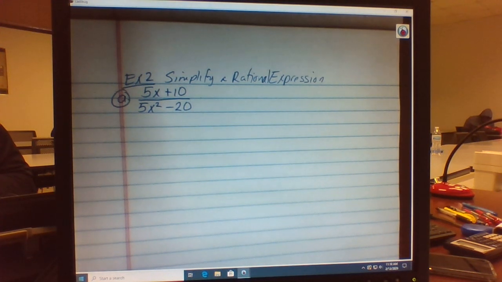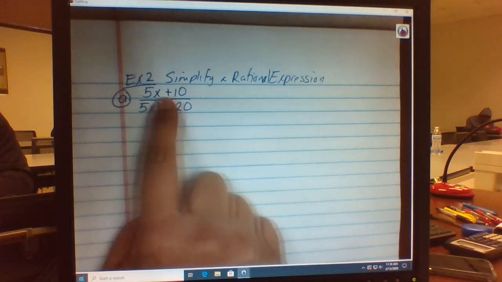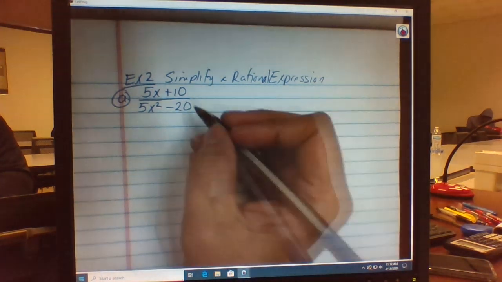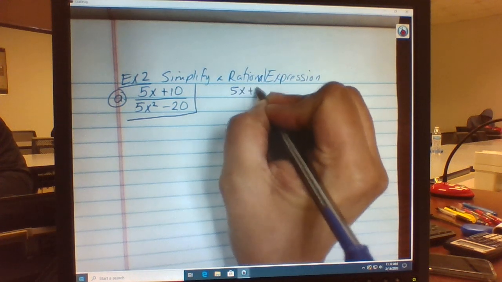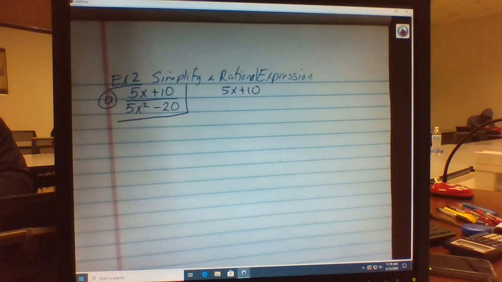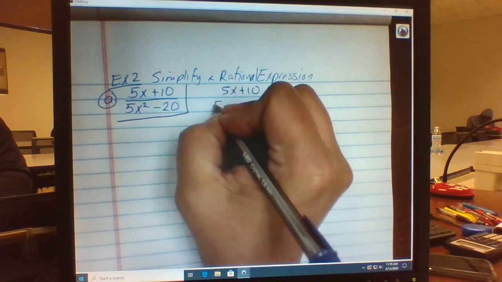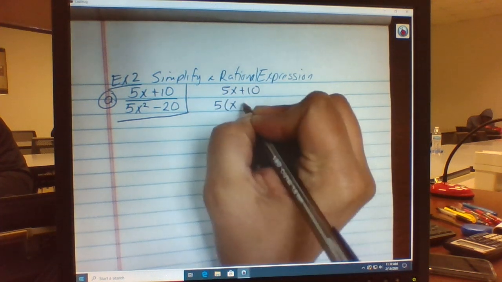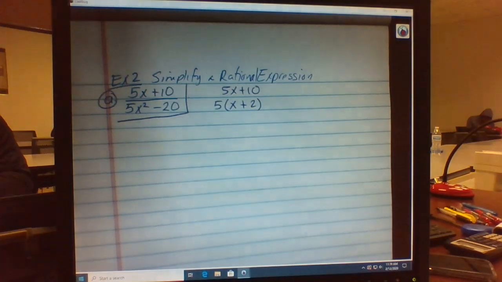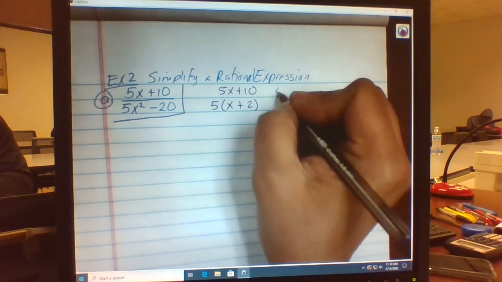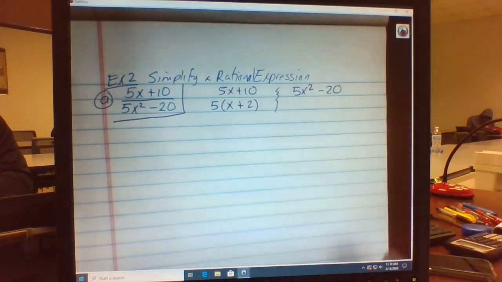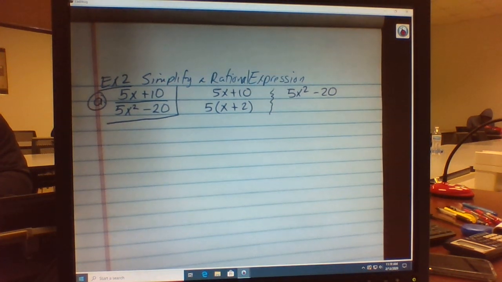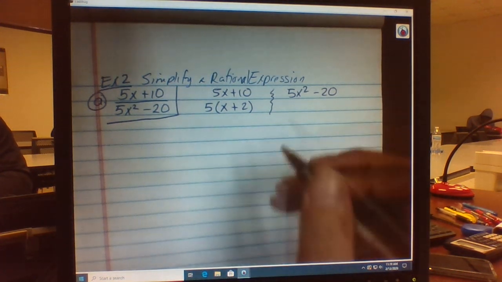So if I look at 5x plus 10, this is my problem, but I'm going to do some work over here before we do anything. What can I factor out from here? A 5, so this becomes 5 times (x plus 2), yes? All right, so that's one part. Now let's look at the bottom part. Can I factor anything out from here? A 5 also.